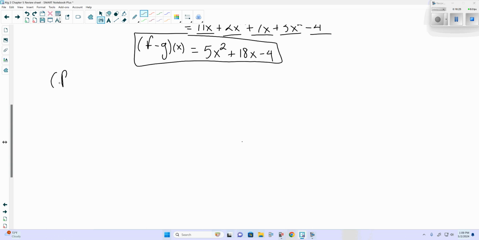Our next one is multiplication, f times g of x, which is just f of x times g of x. Now f of x is 11x plus 2x squared, and g of x is negative 7x minus 3x squared plus 4. Questions on this so far?